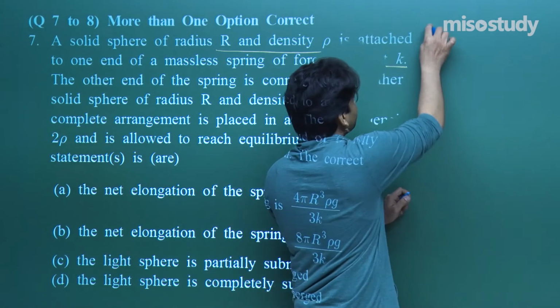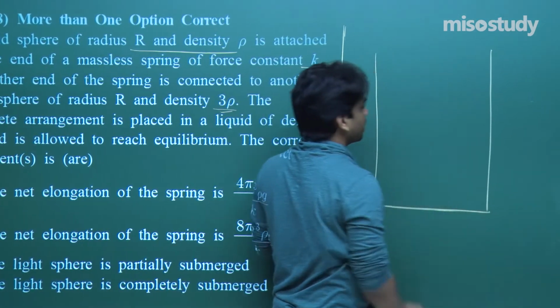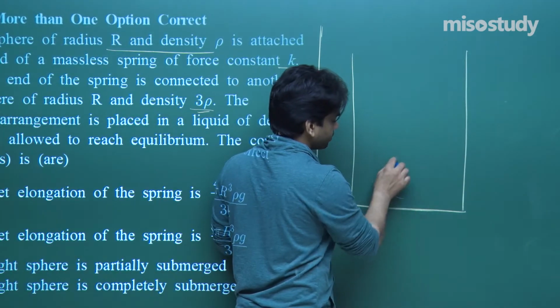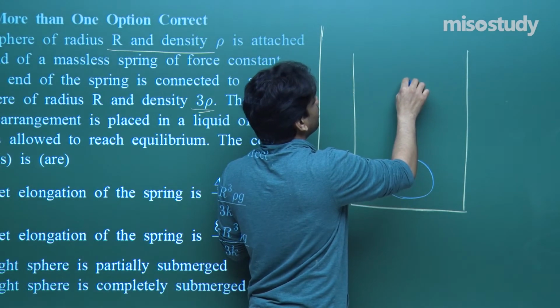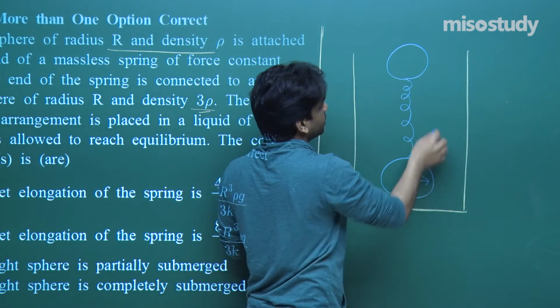See here, the case. We have a container containing a liquid of density 2 rho. 2 spheres we are having. One spring is attached here. We have another sphere. Both are of the same radius r.